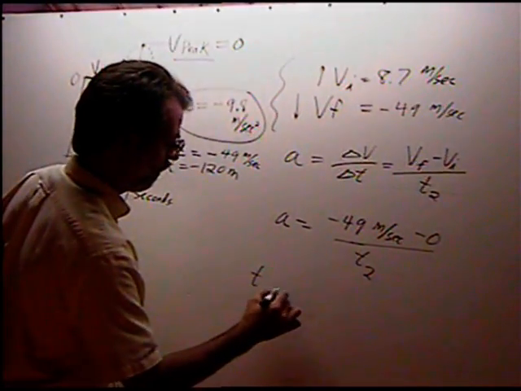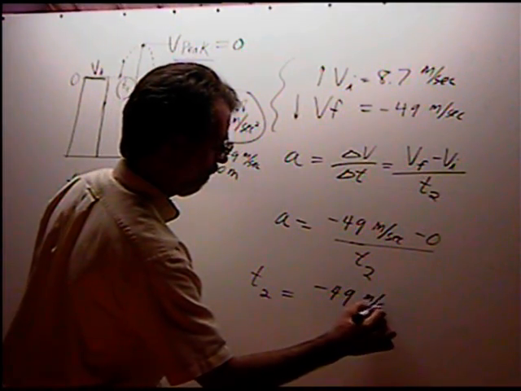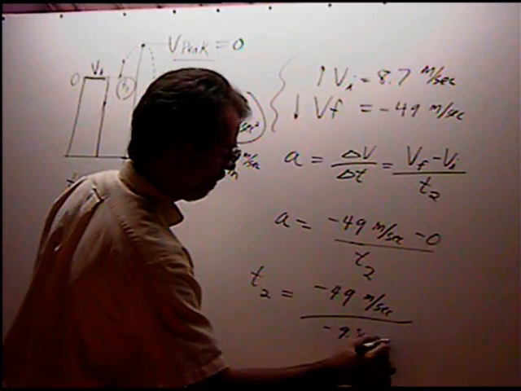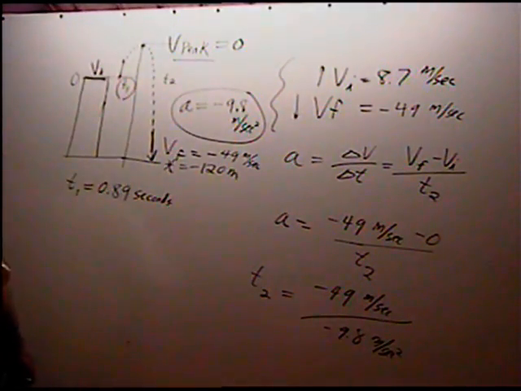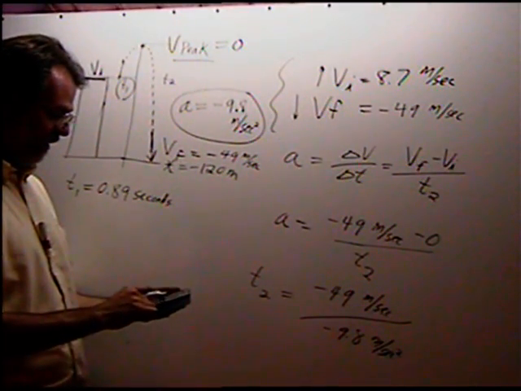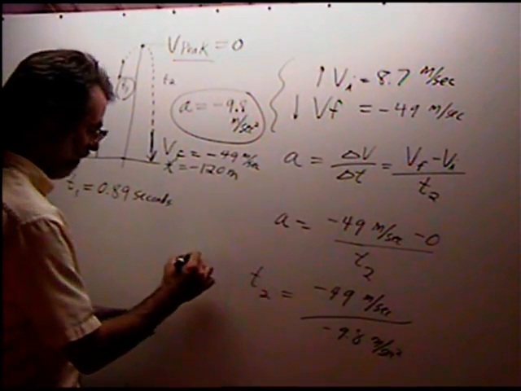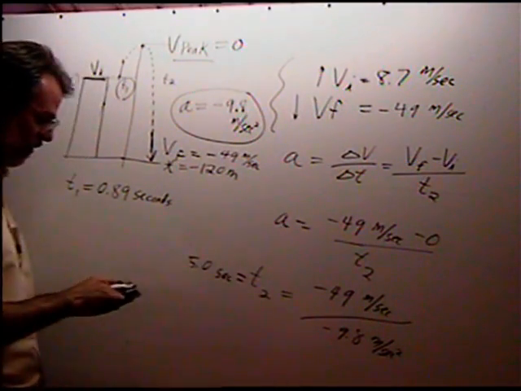T2 equals minus 49 meters per second, all divided by minus 9.8 meters per second squared, and we get 49 divided by 9.8, and I get exactly 5.0 seconds.